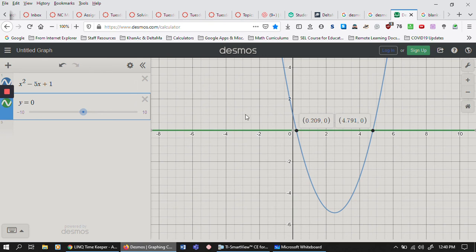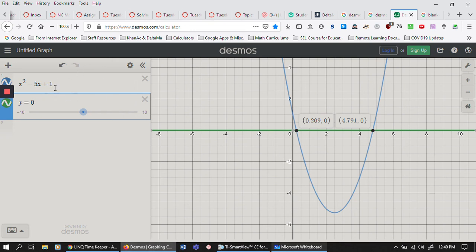All right. So I do hope that this video has been helpful to you. I've shown you and explained to you what the solutions are when you're looking at the graph of a quadratic. The solutions are the x-intercepts. And I've shown you how to use the Desmos graphing calculator.